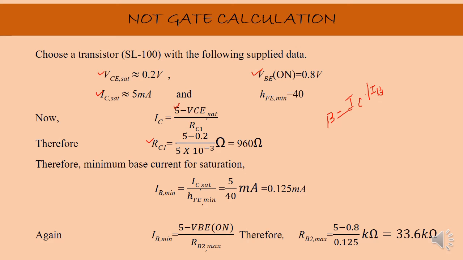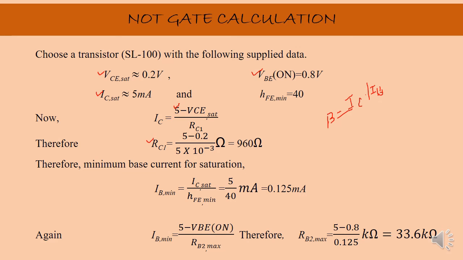So IB equal to IC by beta. Beta is known as HFE minimum. Here the IC value is 5 milliampere. HFE minimum value we choose 40. So the IB minimum value we get is 0.125 milliampere.